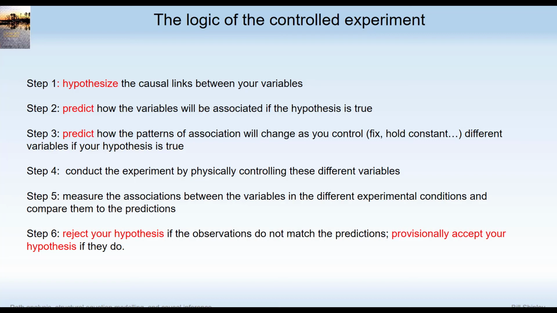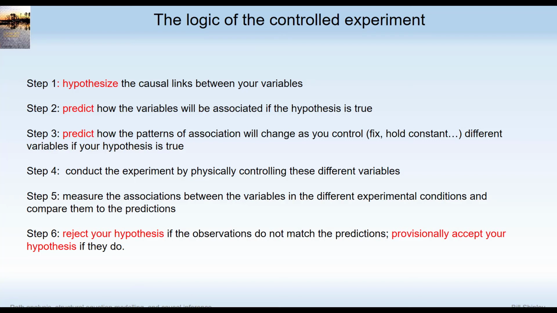6 steps. The first step is to hypothesize how you think the causal links work between your variables. So you saw the example in the slide before about the color of the blood, the active or inactive state of the kidney, and the color of the blood leaving the kidney.